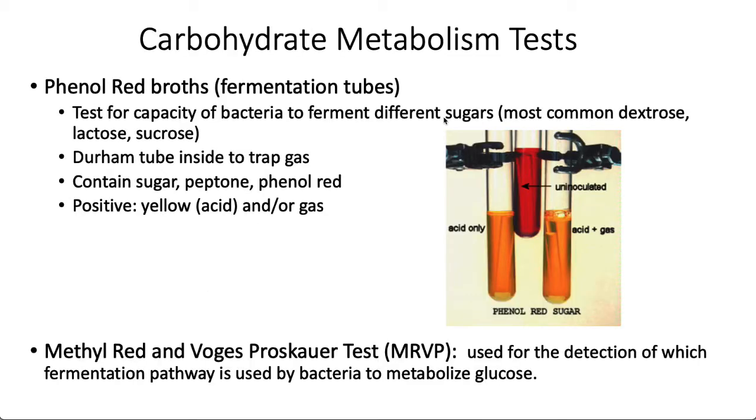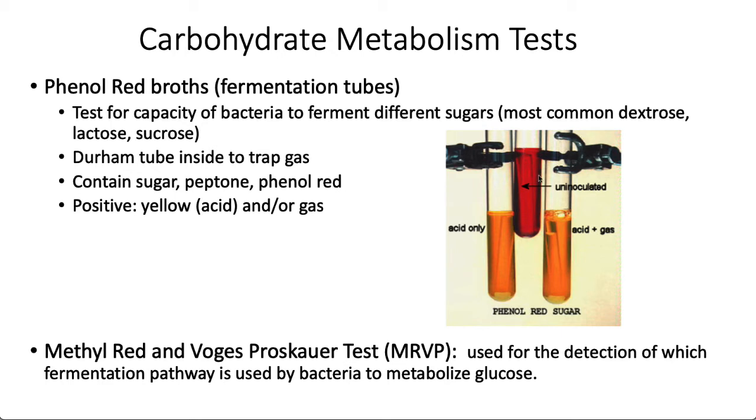So starting with carbohydrate metabolism. Again, you will benefit if you review the fermentation part, but most of these tests are going to focus on the ability of bacteria to ferment certain carbohydrates, particularly sugars. So phenol red broth, the name says it, so these are broths, and they contain a pH indicator called phenol red.